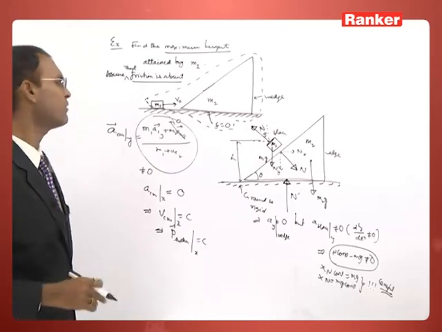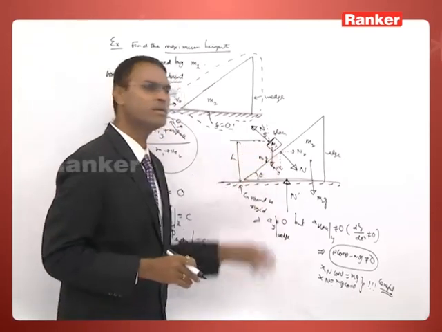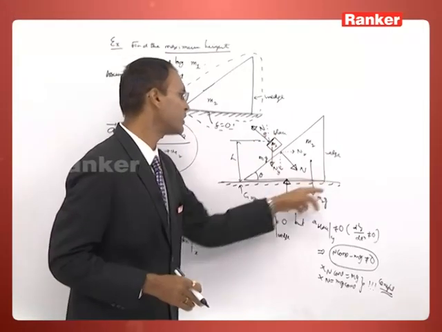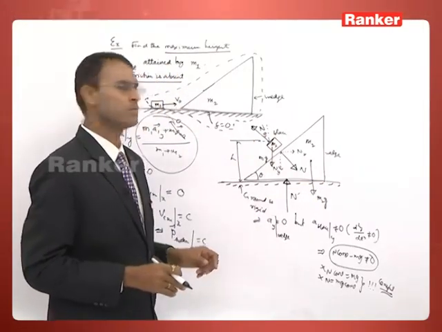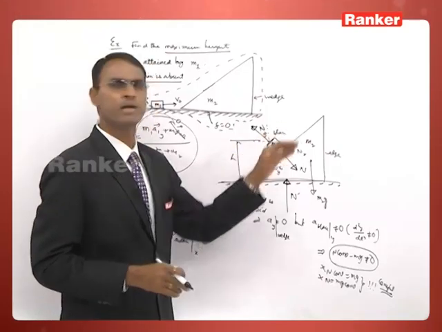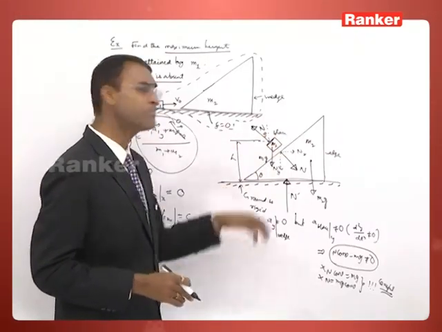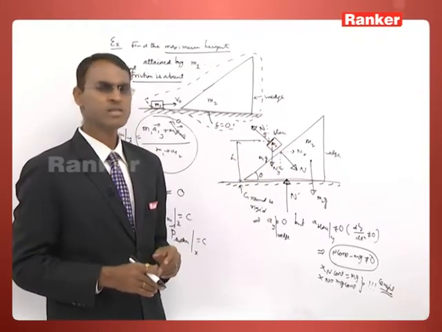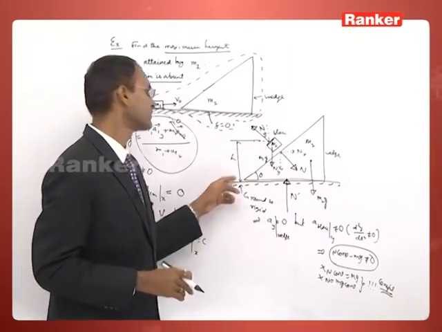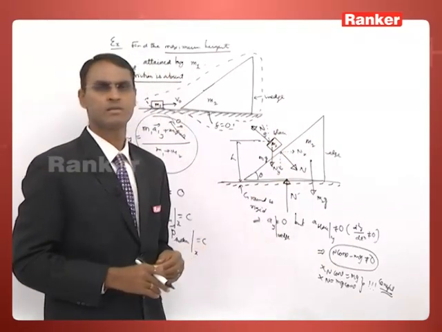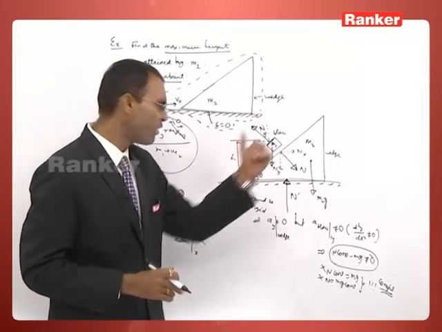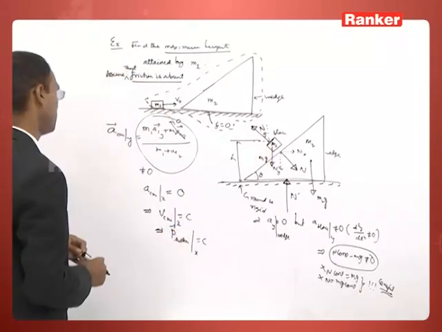If it is not 0, if the block m1 keeps on sliding with respect to the wedge m2, then this height will go on increasing. When the height will be maximum, the block must stop relative to the wedge instantaneously, then it comes down, or slides down with respect to the wedge.